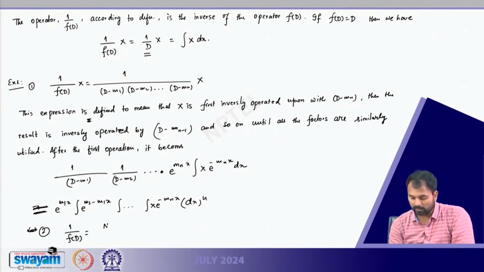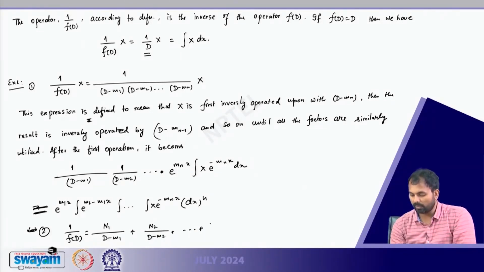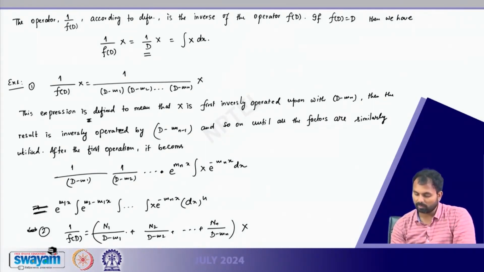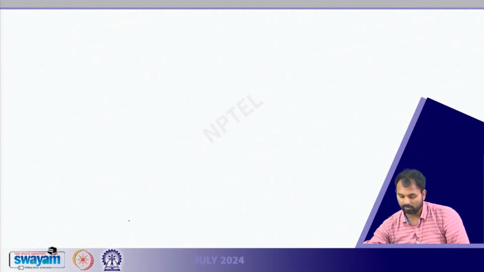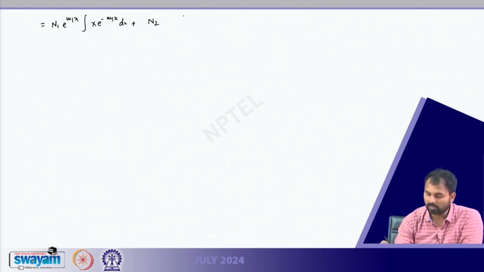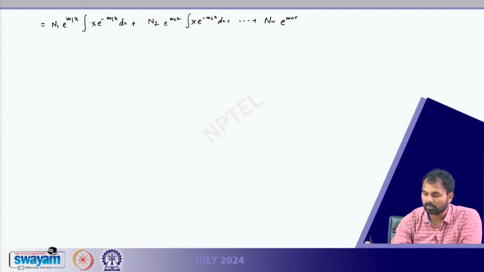We can write it as N1 by (D minus m1) plus N2 by (D minus m2) and so on, up to Nn by (D minus mn), and then this is capital X. Now this is again simple to handle, because capital X will get distributed in all these places, and from there we will have N1 times the integral of e to the power m1 x, X, e to the power minus m1 x dx, plus N2 times e to the power m2 x, X, e to the power minus m2 x dx, plus and so on, up to Nn times e to the power mn x, X, e to the power minus mn x dx, right.